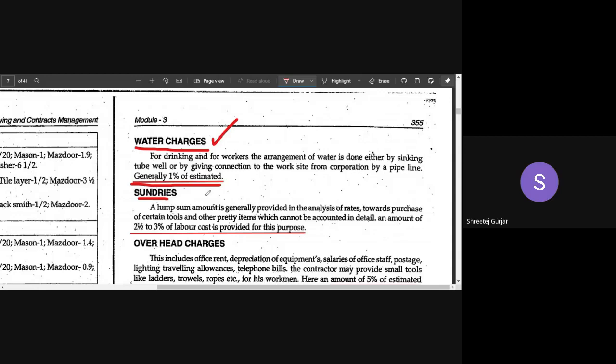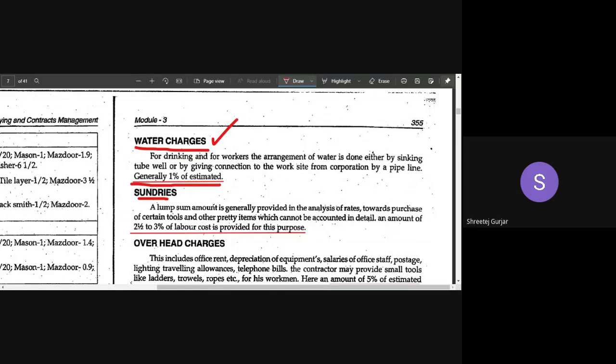Then sundries. A lump sum amount is generally provided in the analysis of rates towards purchase of certain tools and petty items which cannot be accounted in detail. These are miscellaneous items, usually very small, for work which is not standard and cannot be accounted in your particular rate analysis, like small tools.